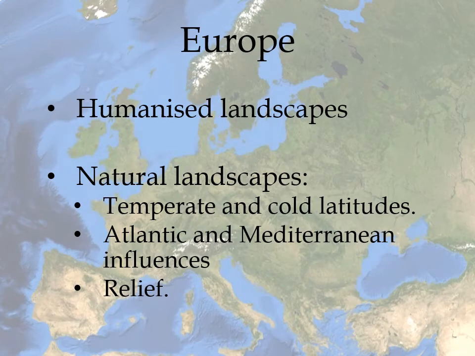So it has very densely humanized landscapes. Europe has been populated for centuries, so they have a lot of people. That means that the natural spaces are very reduced. Most of them have the influence of the human being. The natural landscape is influenced because of the latitude.